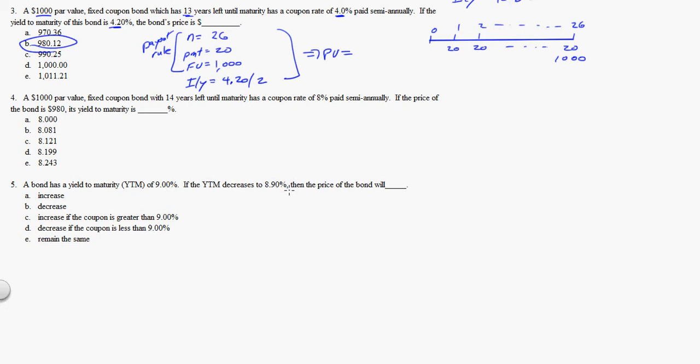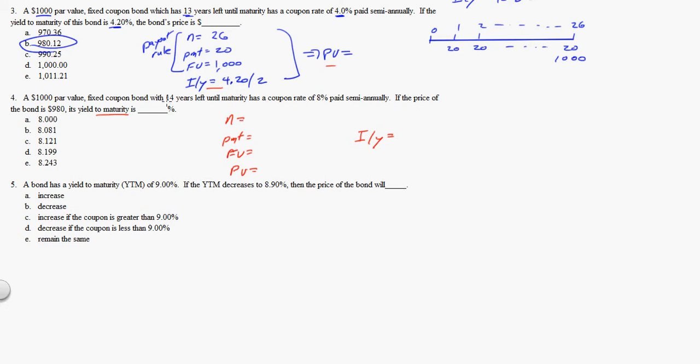Okay, question number 4. We want to find the yield to maturity of the bond. This is going to be a lot like question number 3. We need to have N, we need to have a payment, we need to have a future value. That's the payout rule. Now we're given a present value and we find the yield rather than having a yield and finding the present value.